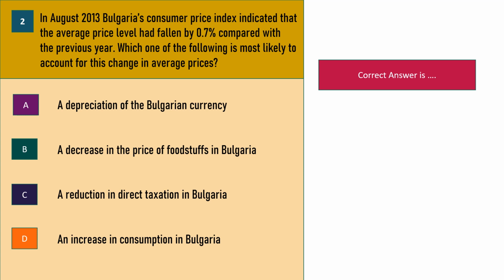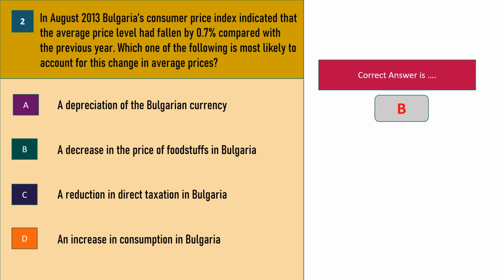Expansionary fiscal policy means AD will shift right and inflation will increase. So option C is wrong. Then option D, an increase in consumption in Bulgaria. When consumption increases, which is a component of aggregate demand, aggregate demand will increase and that will cause inflation. But the question is why deflation occurs. So option B is correct.